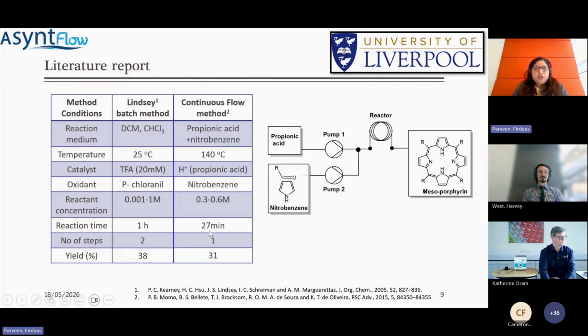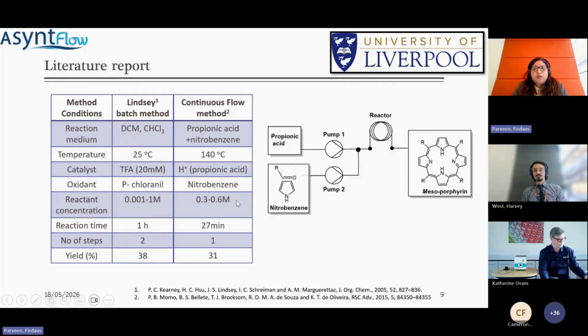The first continuous flow reported literature is from Momo, who used Gonsalves conditions and used propionic acid and nitrobenzene as reaction medium, with propionic acid as a catalyst, whereas nitrobenzene acts as an oxidant. They did the reaction in a single step in a single reactor, and they found a yield of 31%, which is lower than the batch Lindsey condition.